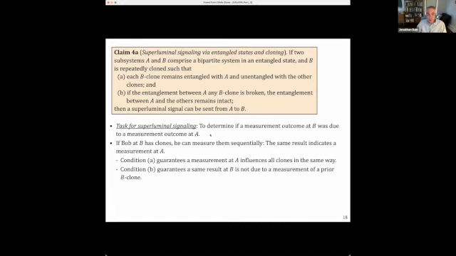And the no signaling theorem says that we cannot accomplish this task because simply by performing a measurement at B, we can't determine whether or not a measurement was performed at A. But the claim now is that if Bob at B has clones, then he can measure them sequentially, and that allows him to determine whether or not a measurement was made at A. In particular, the same result would indicate that a measurement was made at A. And these two conditions are necessary for this procedure insofar as condition A guarantees that a measurement of A influences all clones in the same way, and condition B guarantees that a same result at B is not due to a measurement of a prior B clone.